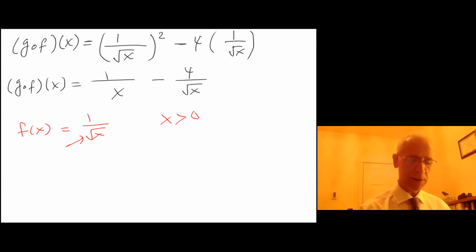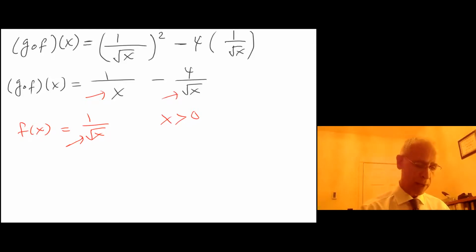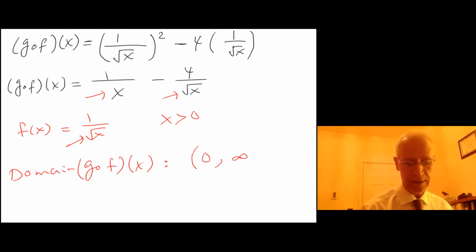Notice that for the domain of g of f of x, x has to be greater than 0, and x has to be greater than 0 in here too. So there's nothing new to introduce. So the domain of g of f of x is from 0 to infinity.